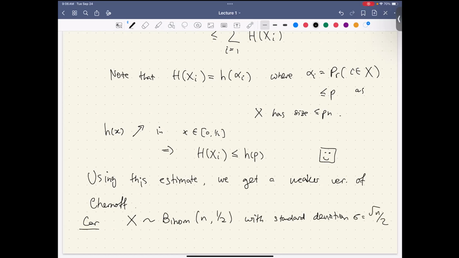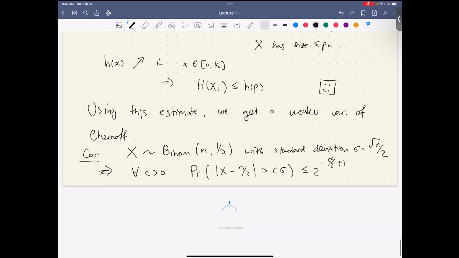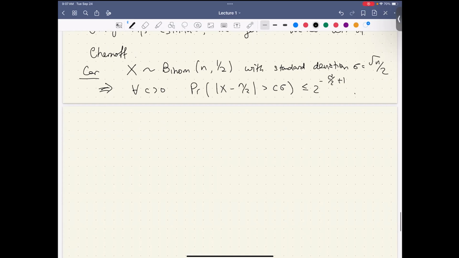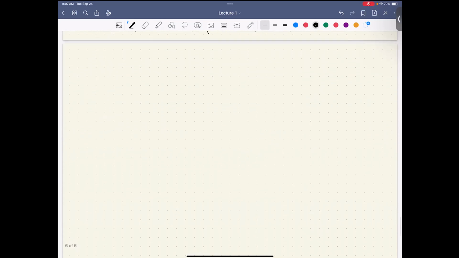Then for any C, the probability that X deviates away from its expectation n/2 by more than C times the standard deviation is at most 2 to the negative (C squared over 2) plus 1. So you can try to derive it yourself from this estimate.